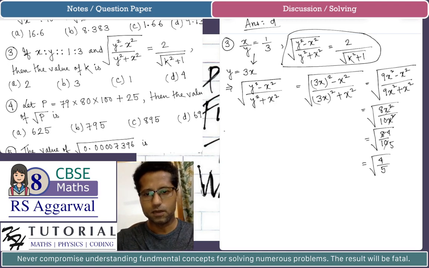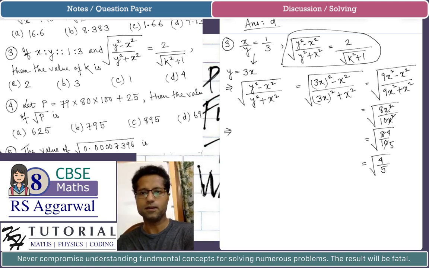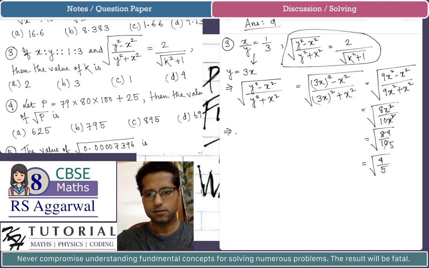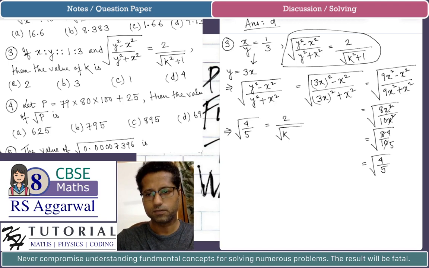This implies the left hand side of the given equation has come out to be the square root of 4 by 5, based on the information that x by y equals 1 by 3. Now we can say that the square root of 4 by 5 is equal to the right hand side of the second equation, that is 2 by the square root of k² plus 1.